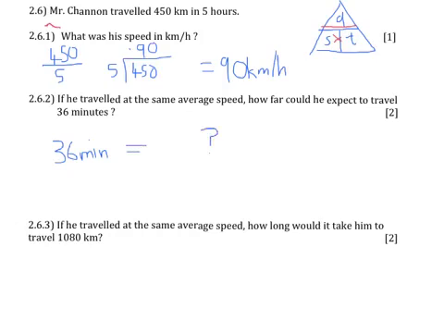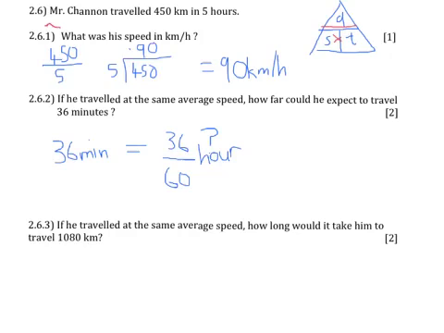An hour is 60 minutes, so 36 minutes in terms of hours would be 36 parts of 60, because there are 60 equal parts of an hour, and we're only using 36 of those. It's 36/60ths of an hour.